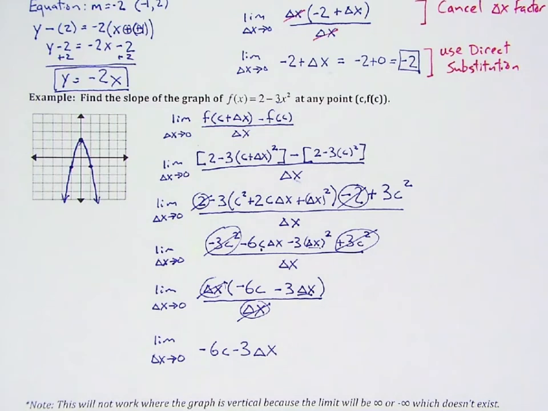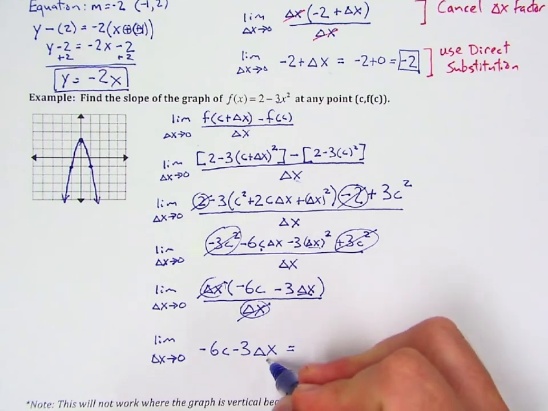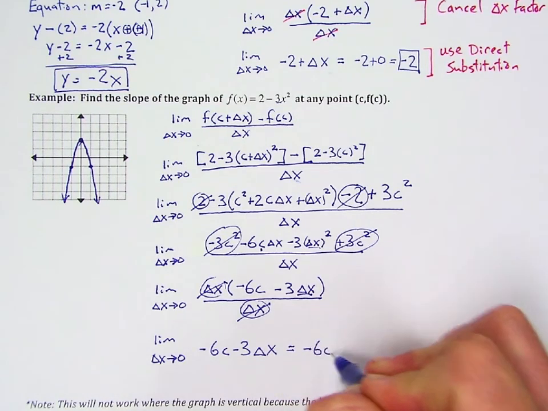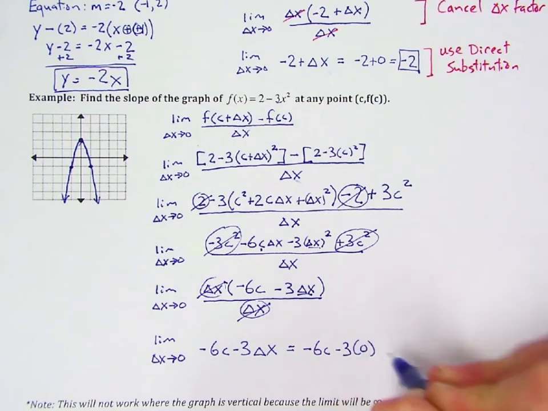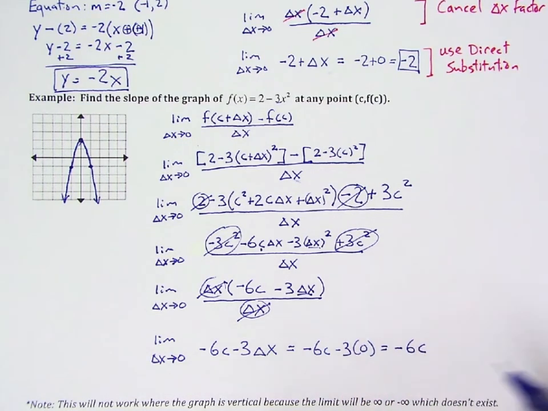And now, since delta x is no longer in the denominator, we can use direct substitution. We're just going to plug 0 in for delta x. And we're left with negative 6c.